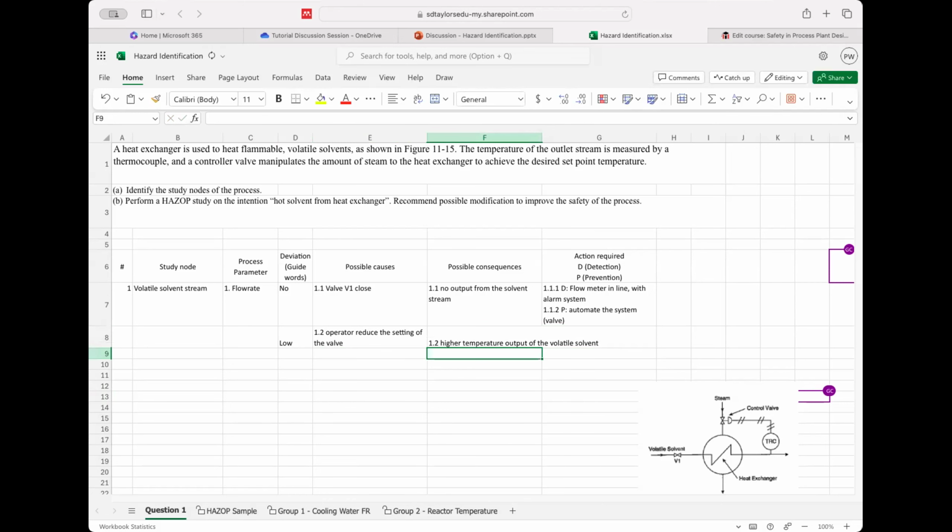Do you see that? When we have no input, you don't have any output. But when you have a little bit of input, the consequence is actually worse, because your volatile comes out hotter. And because it's volatile, it might contribute to a runaway system.